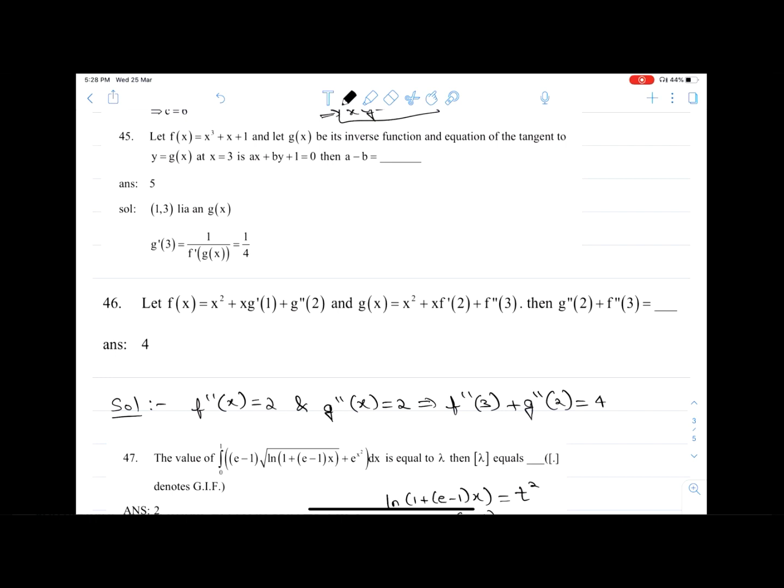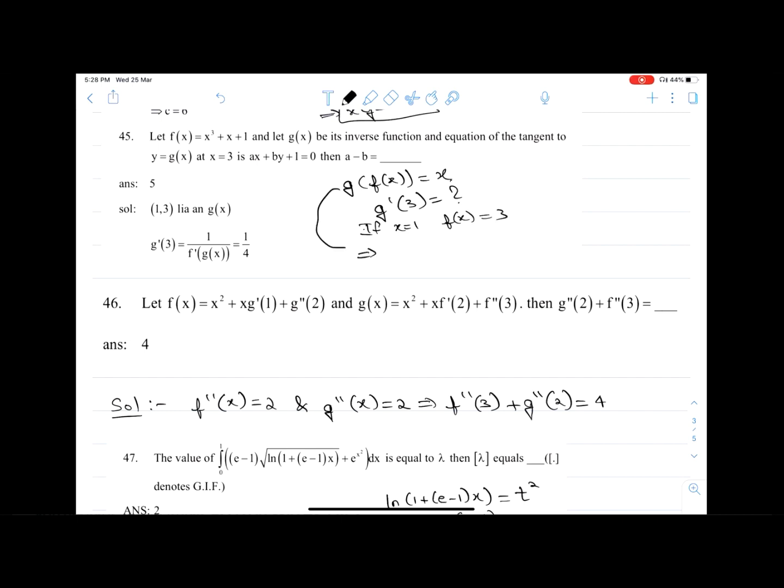He gave g of f of x is equals to x. g is its inverse function, and he is asking g dash of 3. So I have to identify the value of x for which f of x is equals to 3. So if x is equals to 1, f of x will be equal to 3.